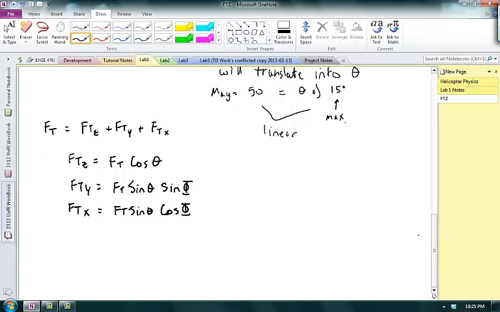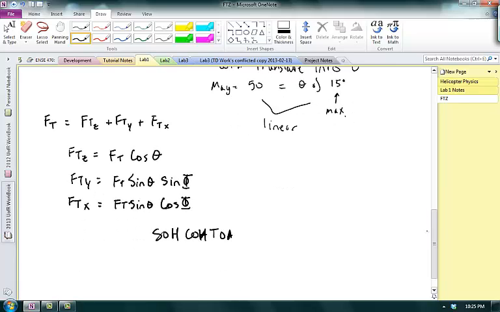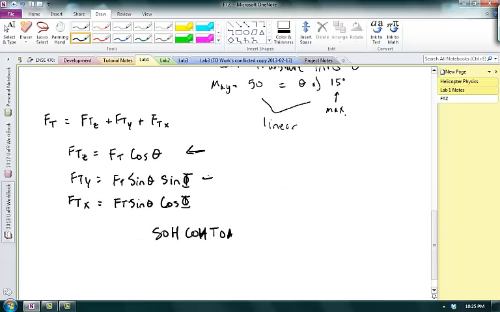And this is essentially just using the old SOHCAHTOA formulas, right? So there we go. There's our forces in the FTZ, FTY, FTX direction. And the only negating force is FG, which is directly against this guy.